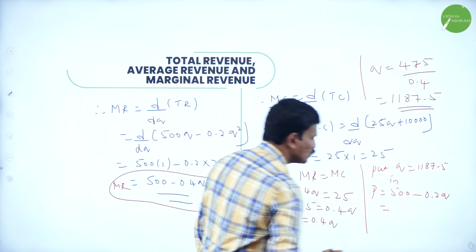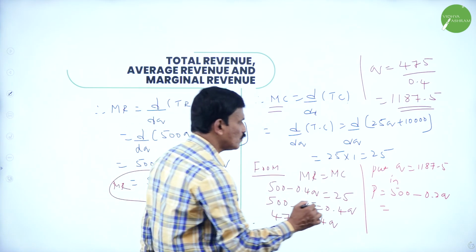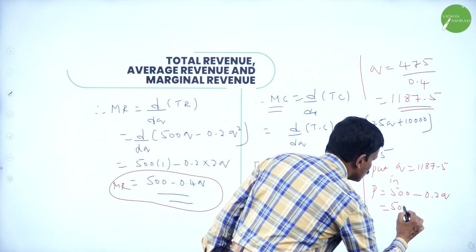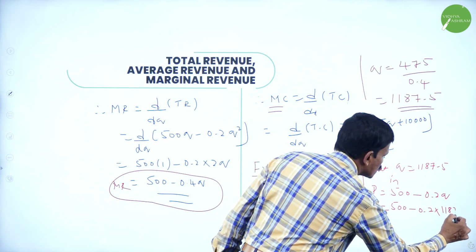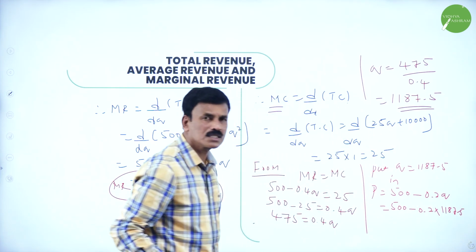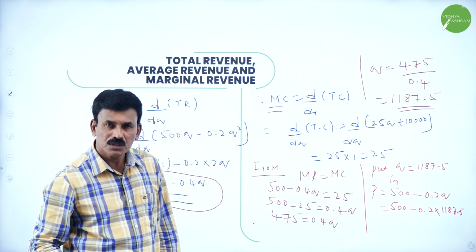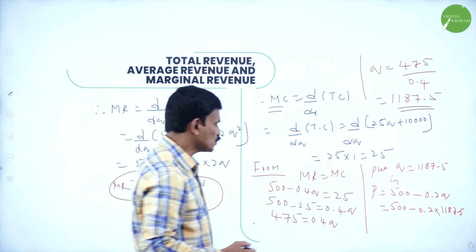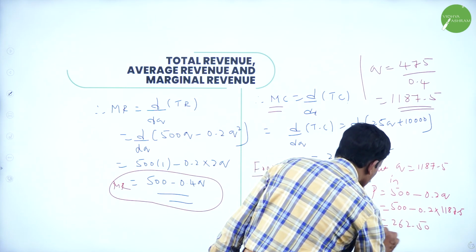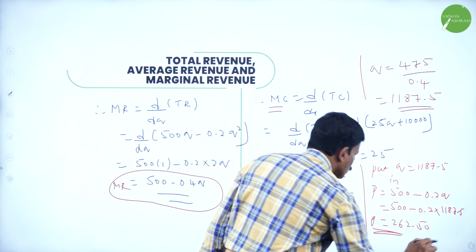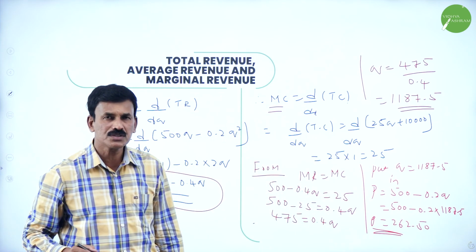So that is equal to, subtracting by substituting the value of Q, 500 minus 0.2 into 1187.5. How much will you get? If you simplify this, you will get 262.5. So P is equal to 262.50.